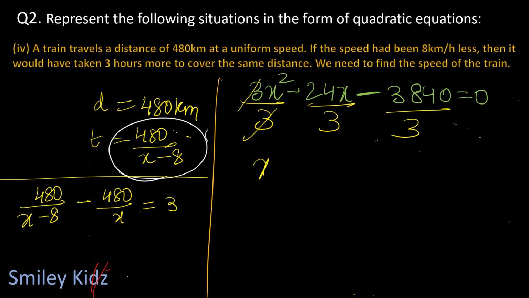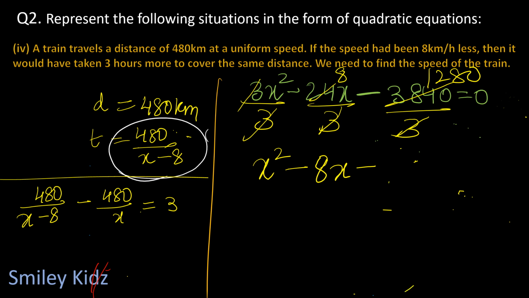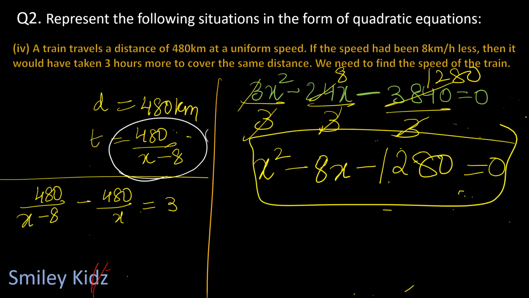We have x square minus 3 into 8, so it's going to be minus 8x minus 3 into 1280, isn't it? So it's going to be minus 1280 equal to 0. So, this is the quadratic equation we have arrived at. Hence, the given problem situation is represented in the form of a quadratic equation as x square minus 8x minus 1280 equals to 0.